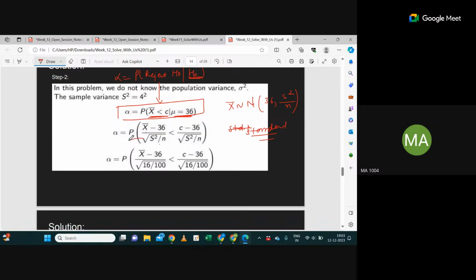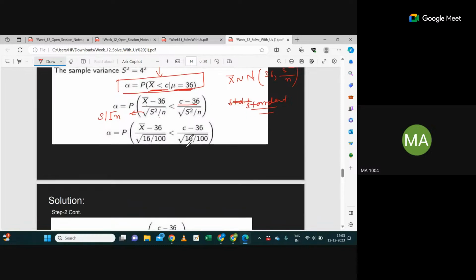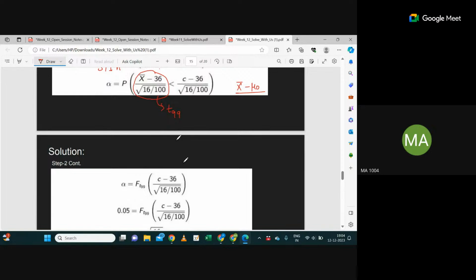That means you can simply write it as s by root 10, less than c minus 36 divided by square root of s square by n. Now tell me, how will you write this term? I told you initially, it is t with n minus 1, which means 99 degrees of freedom.